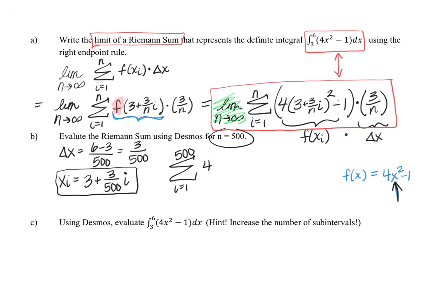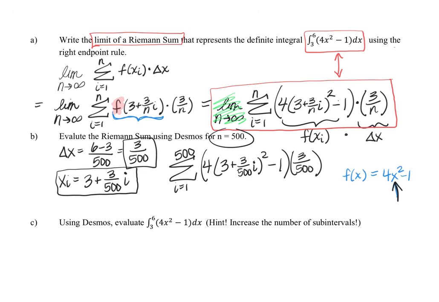So that'll be 4 times this quantity squared minus 1. And our x sub i now is 3 plus 3 divided by 500 i. So this is our height of each individual rectangle. And then times our delta x. And we can see our delta x here was 3 divided by 500. So this is the Riemann sum for 500 rectangles.